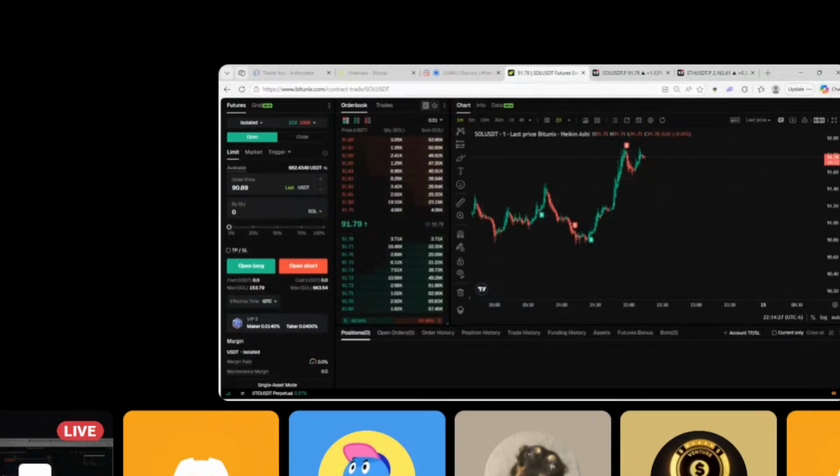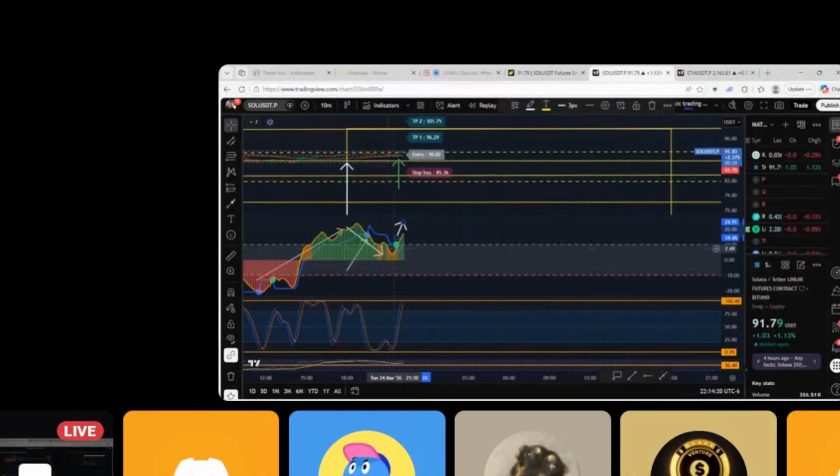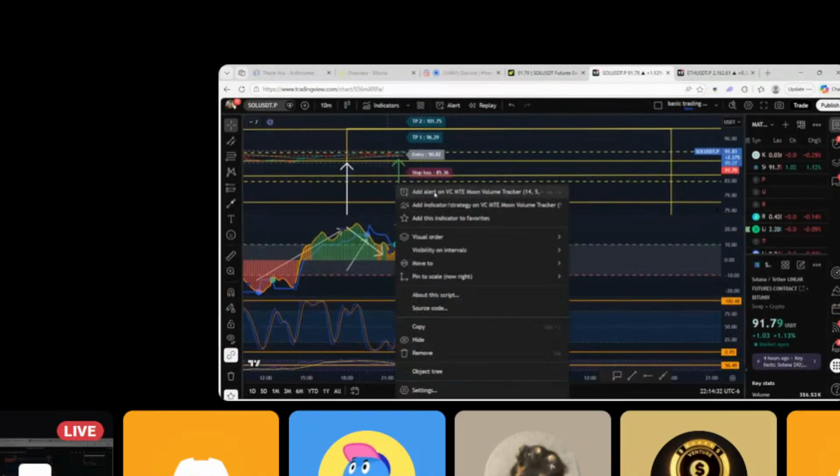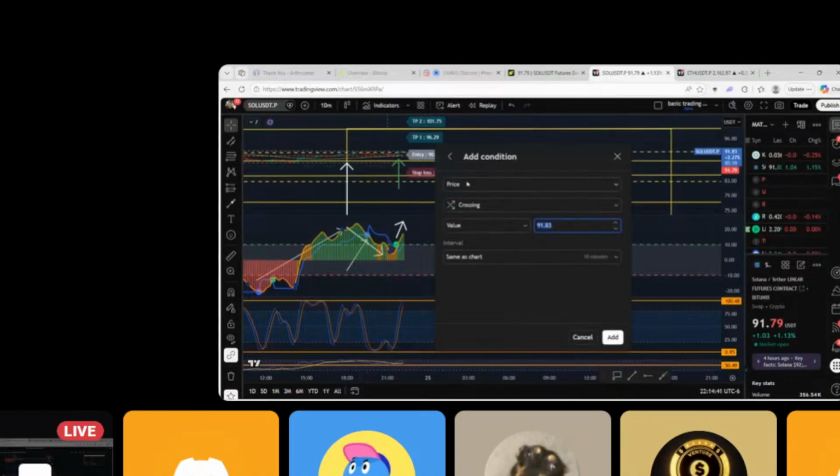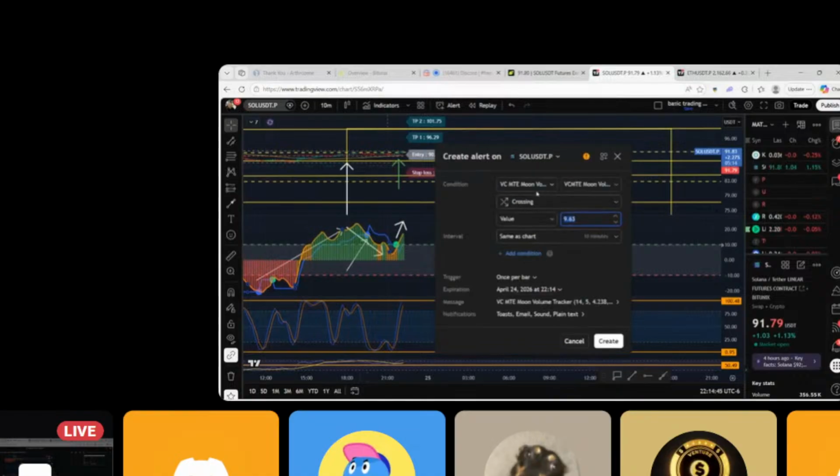But what you should be able to do is go to the moon tracker and add an alert, and it would basically be a crossing, right? The condition would be moon crossing, value, same as chart, 10 minutes.